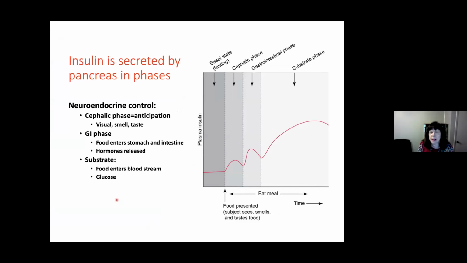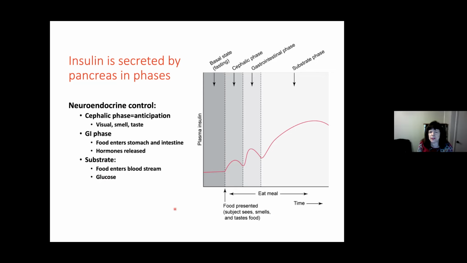Now, I just want to spend a few minutes on the GI tract in the end to show you how our GI tract talks to our brain and also regulates appetite. And the first thing is insulin. When we're getting set up to eat, insulin has various phases.